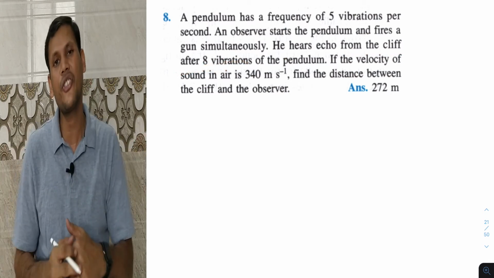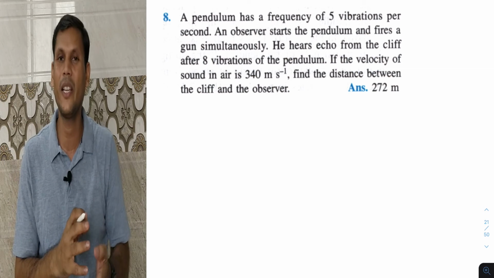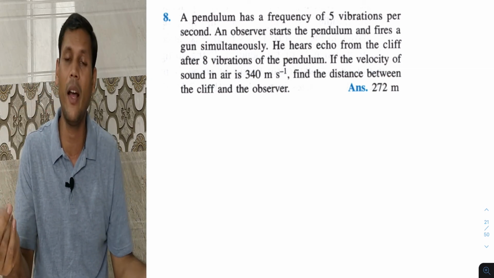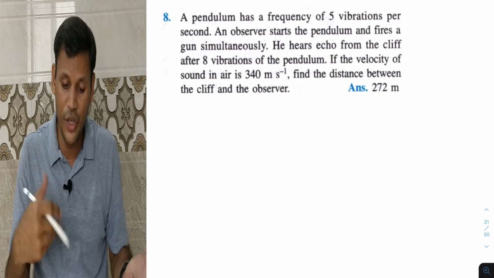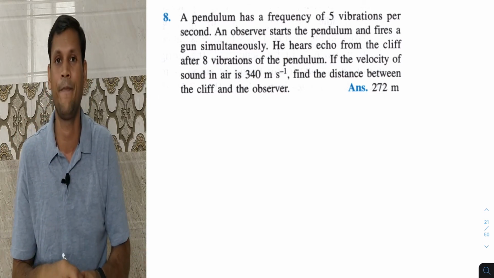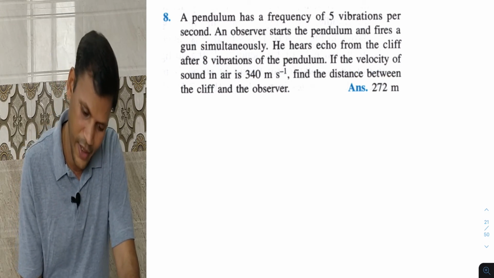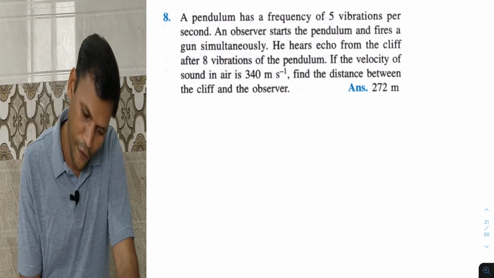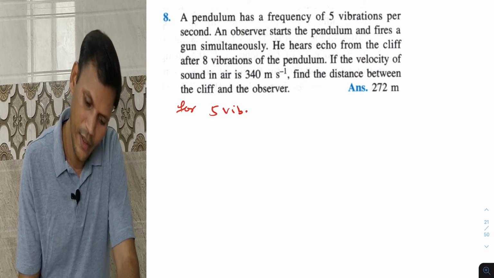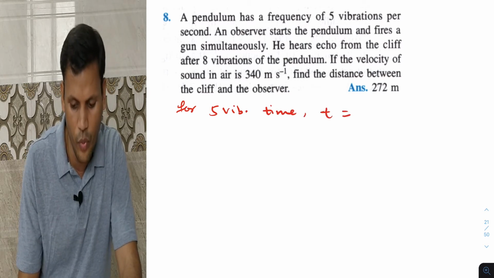So if we can find how much time it takes for 8 vibrations, we will get what we need. For 5 vibrations the time is 1 second, so for 8 vibrations it will be 8/5. We have to find the time. We can write, for 5 vibrations time t is equal to 1 second.